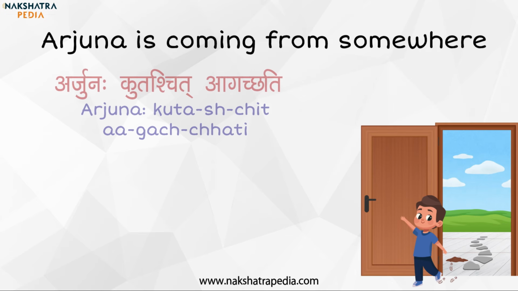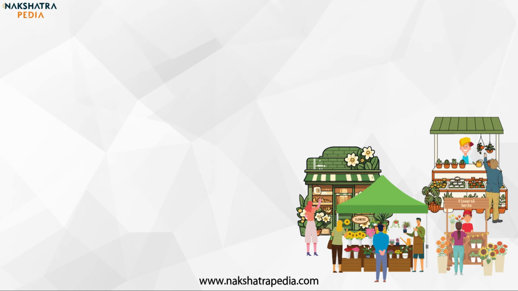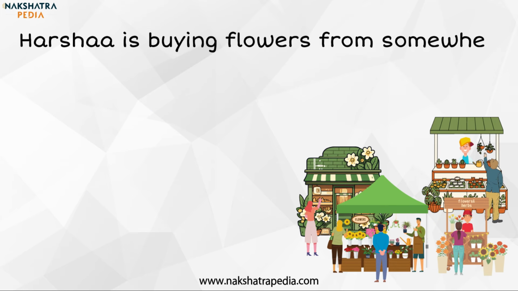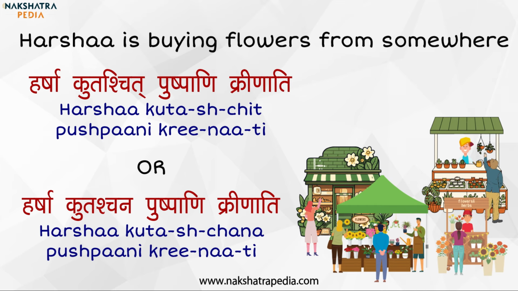In that case, the sentence will be Arjunaha kutaschit agacchati or Arjunaha kutaschana agacchati. Harsha is buying flowers from somewhere. So it will be Harsha kutaschit or kutaschana pushpani krinati.